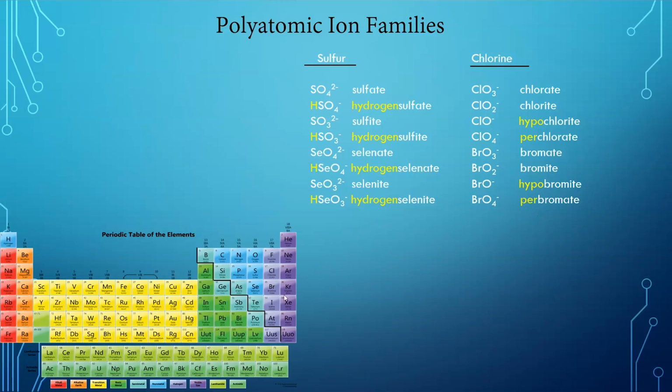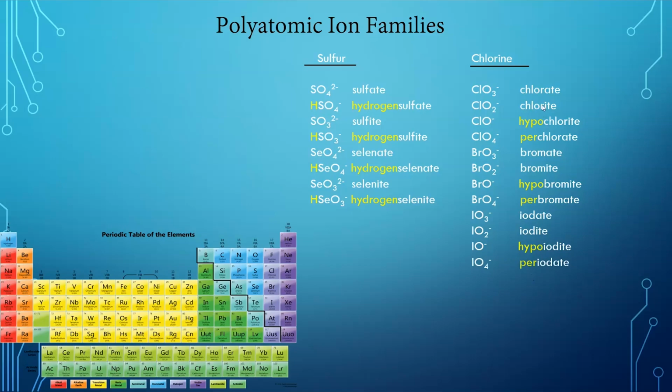In this family, we can even go down to iodine and do the same thing again. So we can make an iodate and an iodite and a hypoiodite and finally a periodate.